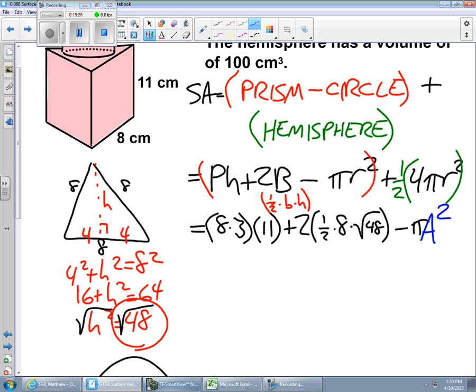Now, still continuing on with this mess, plus what? 1/2 times 4 times pi times the radius squared. Well, where do I have the value of radius? I've got it stored as A. That's right.